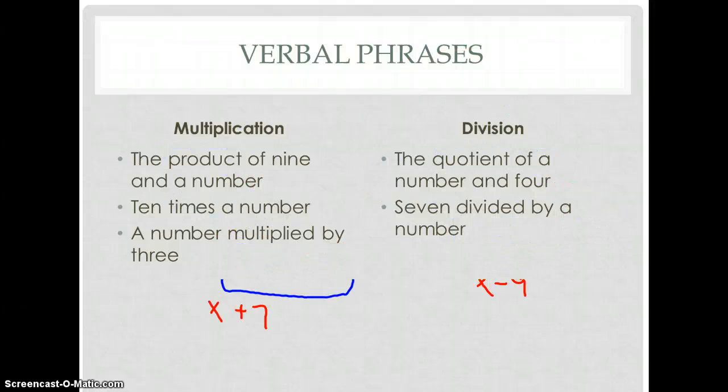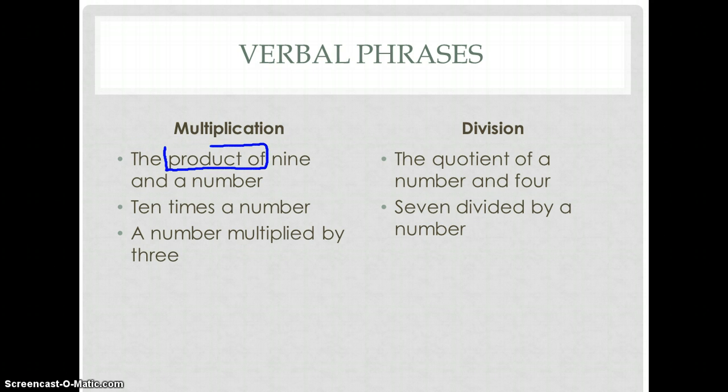Some verbal phrases here that imply multiplication and division. Again, let's highlight these words. Product is multiplication. Times implies multiplication. Obviously, the word multiplied will imply multiplication as well. If we look at division here, the quotient of implies division.